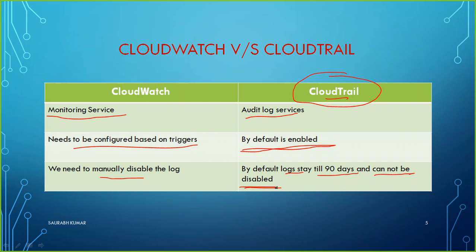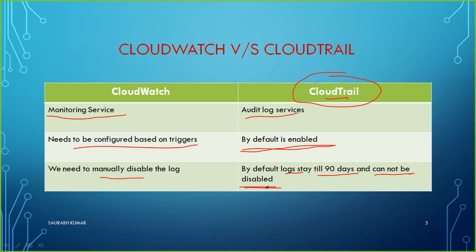Maybe after going through this series, you will go to Google and search whether the CloudTrail service really cannot be disabled, and in some blog you may get an answer that yes, it can be disabled. But I will again tell you that even if you talk to AWS customer care, they will tell you it is not possible for you to disable it. Only if they want to help you, maybe in some scenario, it is possible.